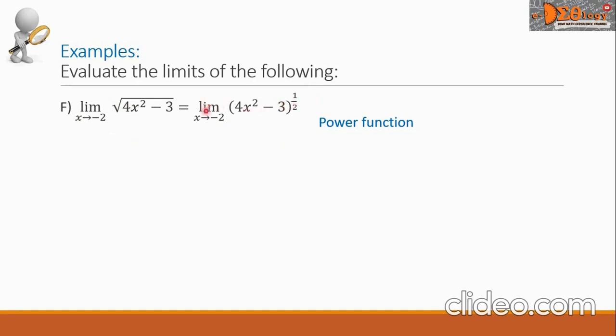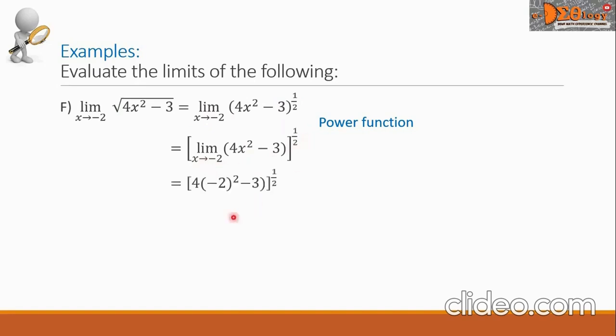So we have the limit of 4x squared minus 3, and the quantity is raised to 1 over 2 as x approaches -2. Let us take the limit of the function 4x squared minus 3 as x approaches -2, and after that we will implement that exponent 1 over 2.